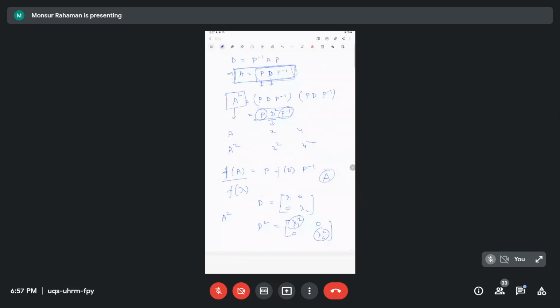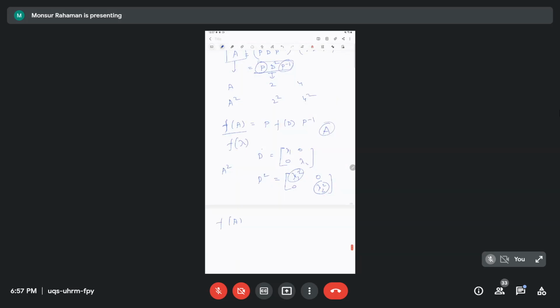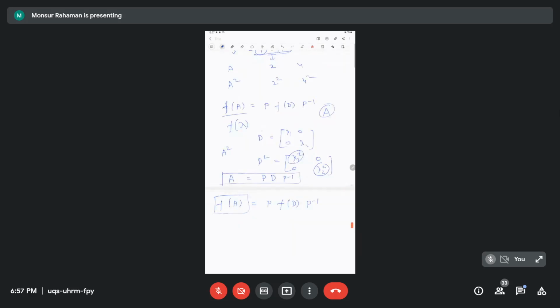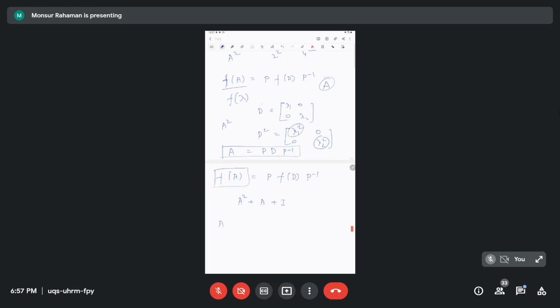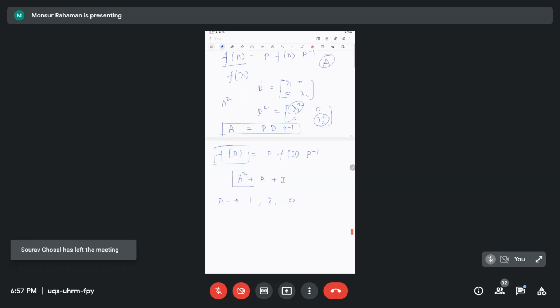Similarly, any polynomial f of a equals p f of d p inverse. So if you know about a, you can say this for any polynomial f of a. For example, if the polynomial is a square plus a plus i, and a's eigenvalues are 1, 2 and 0, what are the eigenvalues of this matrix?